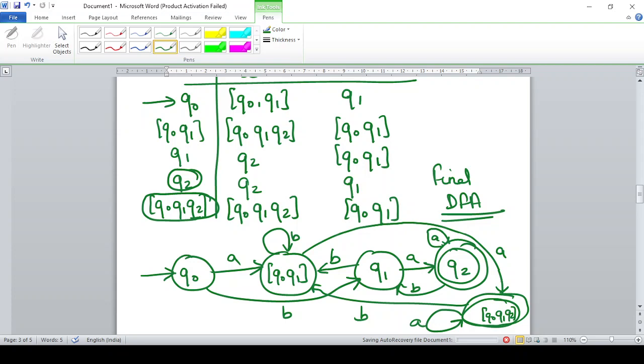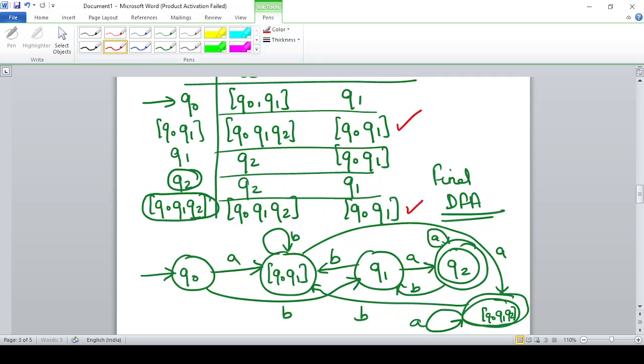Last thing that you must notice, I'll take 2 more minutes of yours, is that you can see, don't see this column, see these rows. Any two rows which are identical, as you can see from here that this row and this row is identical. Transitions are the same. On Q0 Q1, when you give A, you are going to Q0 Q1 Q2, and B Q0 Q1.